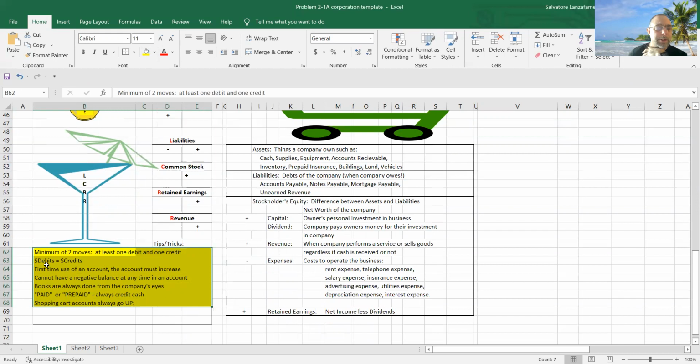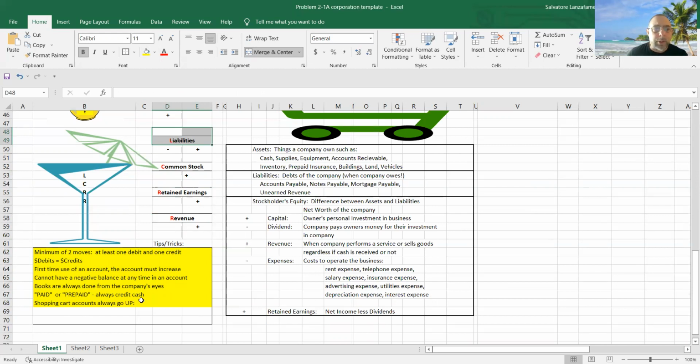The goal is to make sure your debits in dollars equal your credits in dollars. The first time you use any of these accounts, it has to be a plus move because you can never have a negative balance in these accounts. Books are always done from the corporation's eyes, so make sure you remember that.